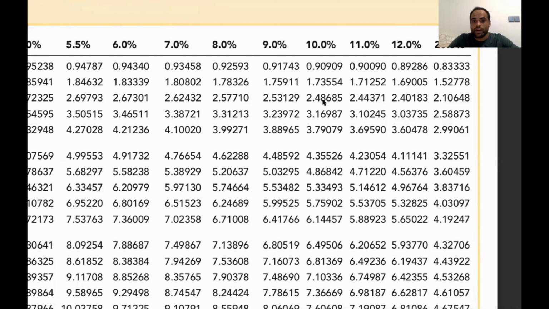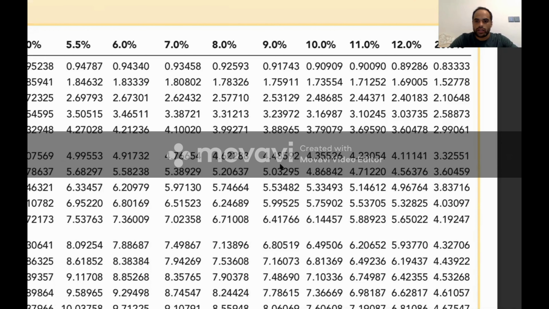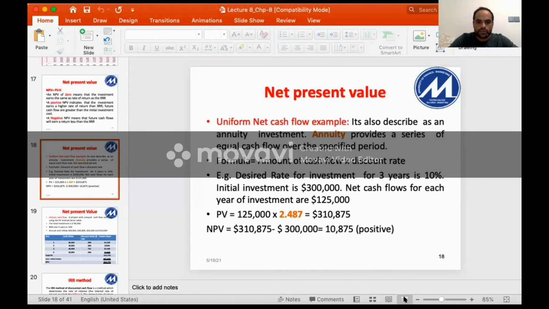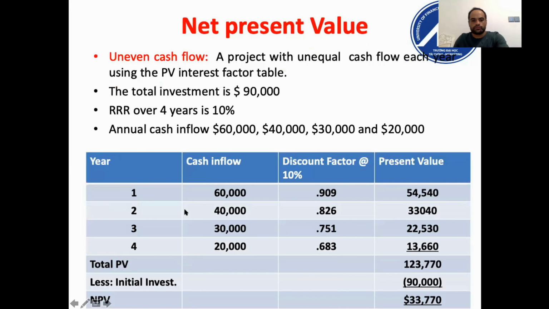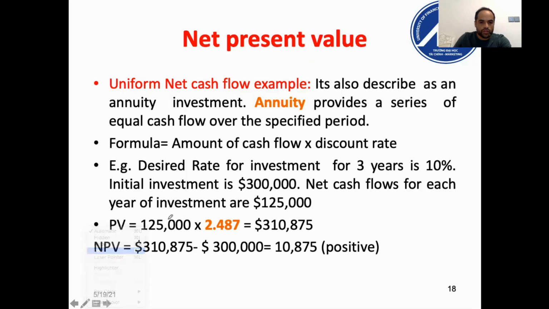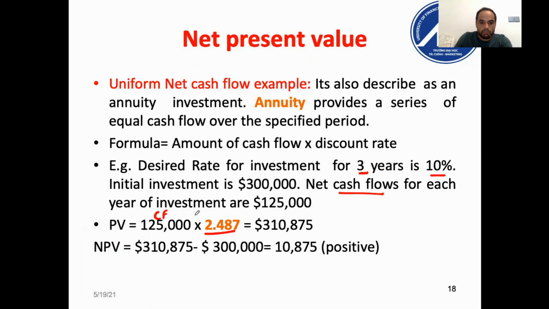So 2.486 or 7, right? So now we go back to the lecture slide here. So you can see your rate is 2.487, which has come from 3 years, 10%. And your cash flows are 125,000 each year. So cash flows multiply by table value.